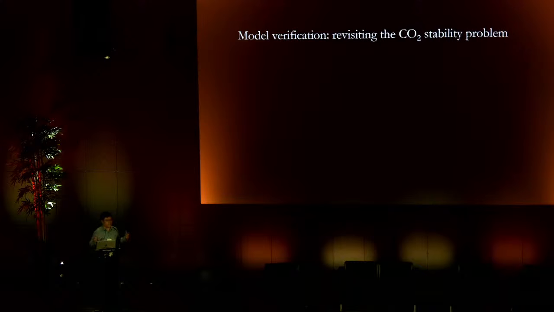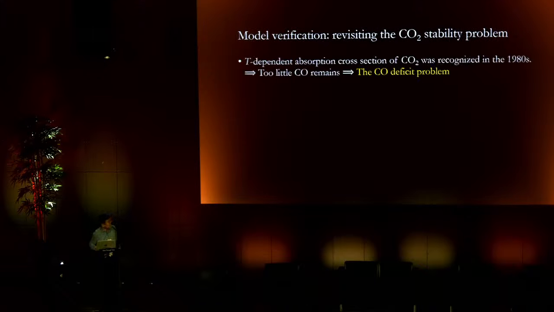They tried different methods, for example, raising water to higher altitude to get more water vapor photolysis and destroy CO. But later in the 1980s, they realized that the cross-section of CO2 is temperature dependent. When we want to model Mars, we need to extrapolate lab data to very cold temperatures. At cold temperatures, CO2 does not absorb UV very efficiently, which means that more UV can photolyze the water vapor and produce the catalysts. Then people found that these catalysts convert too much CO back to CO2, and then the model CO becomes smaller than the observations.